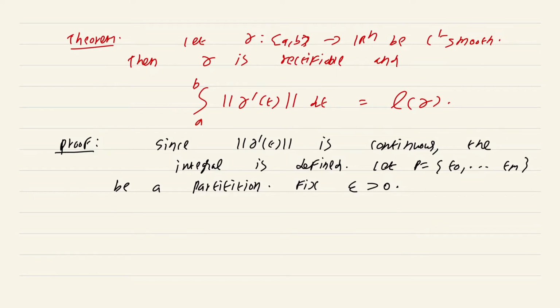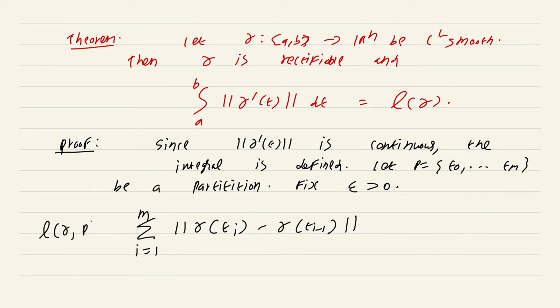Now I'm going to apply the fundamental theorem of calculus in a slightly different way than usual. Look at the summation of norm gamma of ti minus gamma of ti minus 1, with i running from 1 to m. This is nothing but L gamma of P, the length with respect to the partition P.